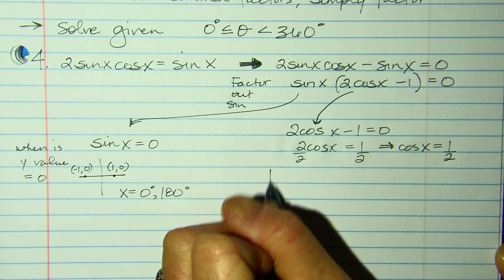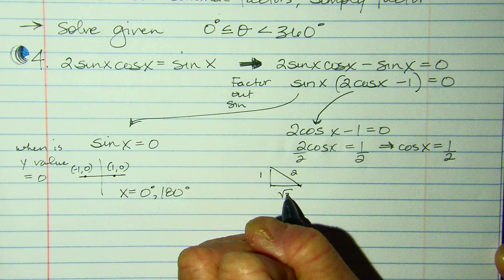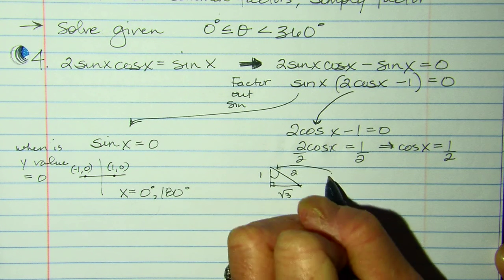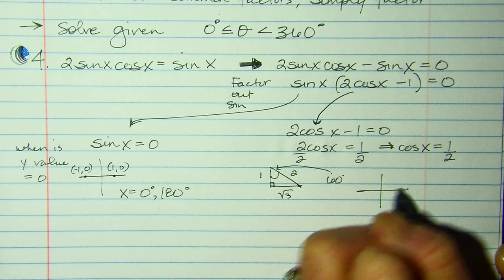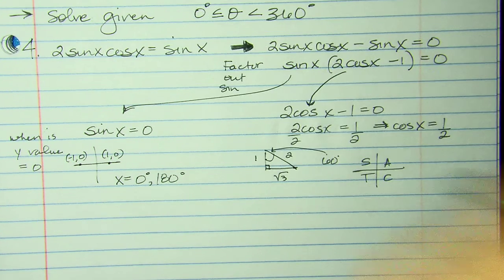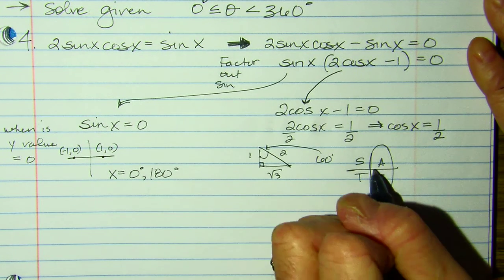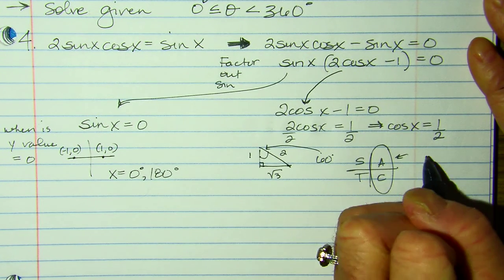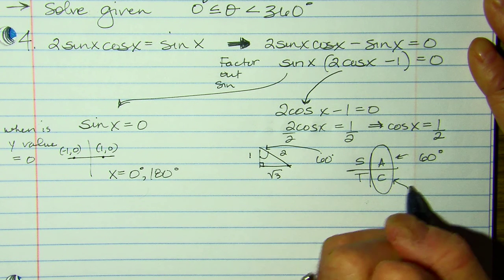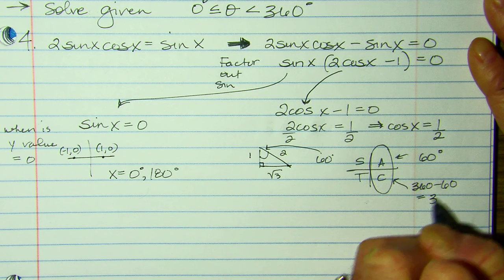So for this one, I'm going to draw my special right triangle. I've got 1, 2, root 3. And so the answer is 60 degrees. But I have to consider when cosine is positive. So cosine is positive in these two quadrants. So in quadrant 1, that would be 60 degrees. In quadrant 4, that would be 360 minus 60 degrees, which is 300 degrees.